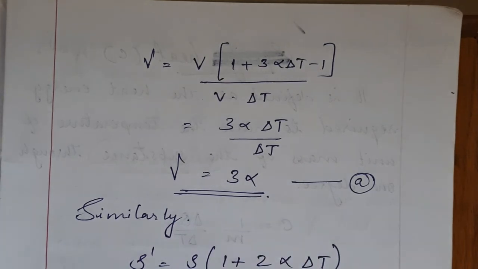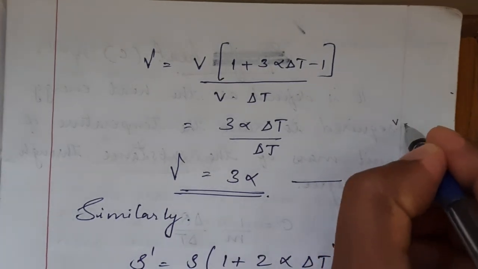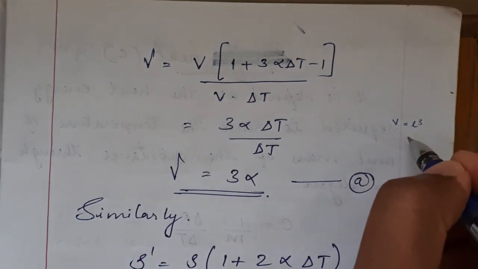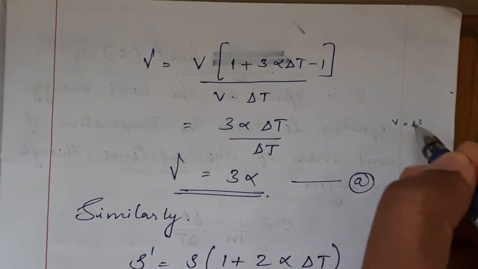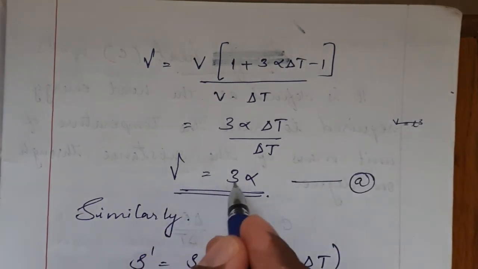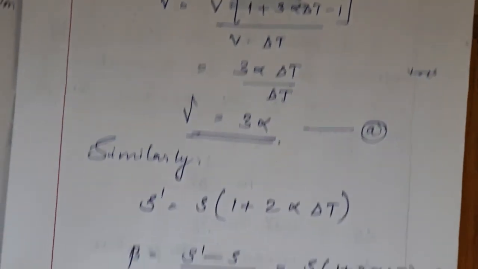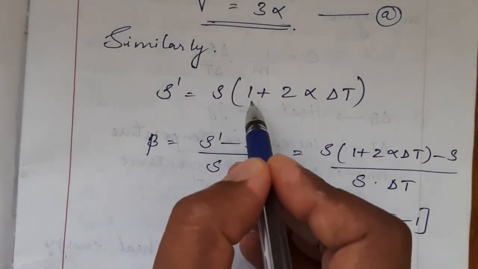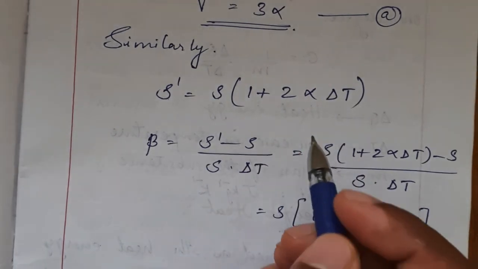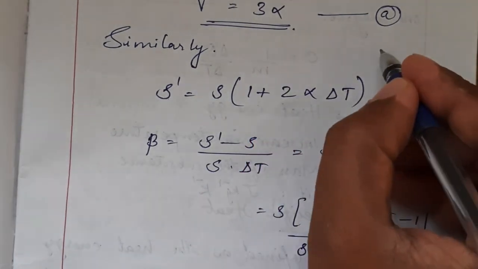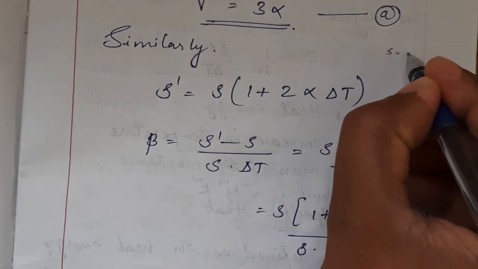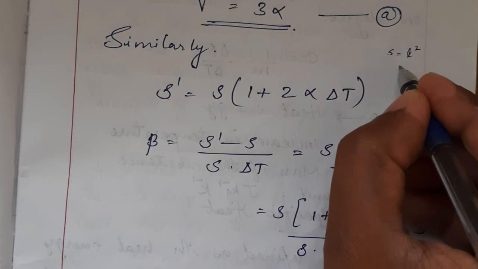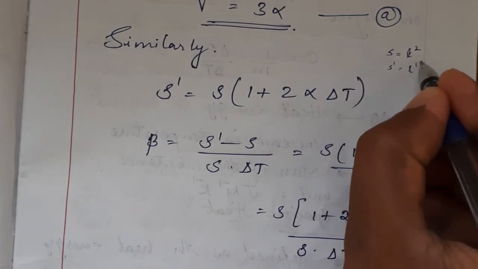Similar to volume being L cube, the error in that we have seen many times, likewise 3 times it comes. So similarly gamma is 3 times alpha. Similar procedure we can do for the area S dash, which is S into 1 plus 2 alpha delta T. In the same way if we proceed, for example surface area S is L square, so the new surface area is L dash square.